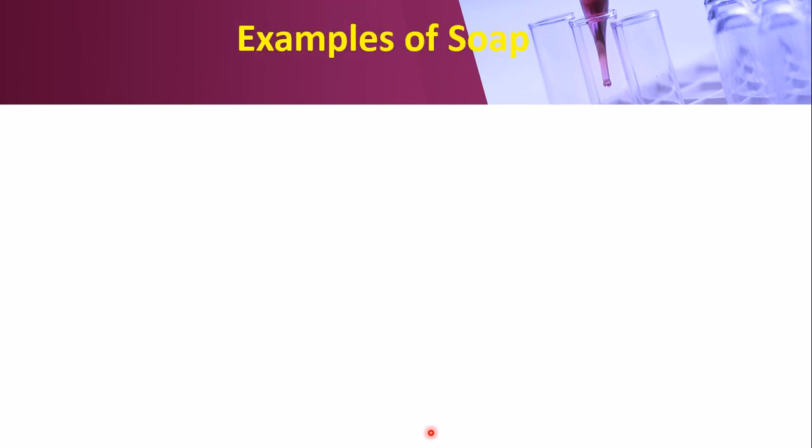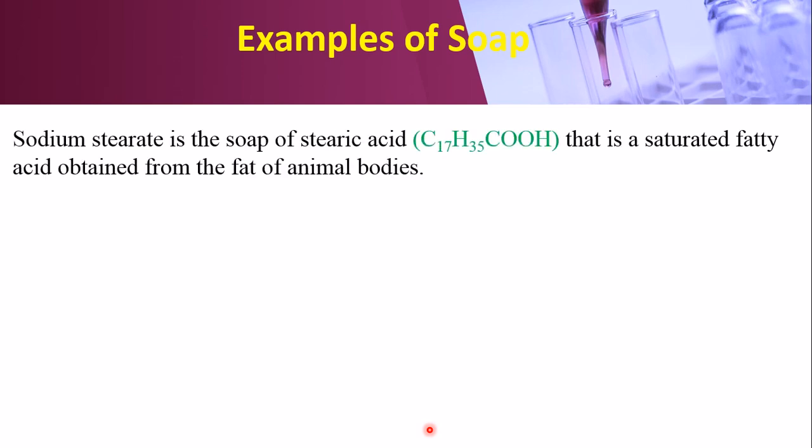Now, examples of soap. Already we have learned one soap, that is soap of stearic acid, and this is sodium stearate or potassium stearate. So, this is also an example of soap, sodium stearate. It is the soap of stearic acid.